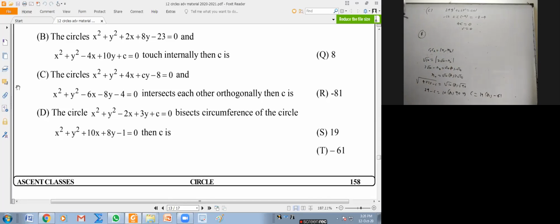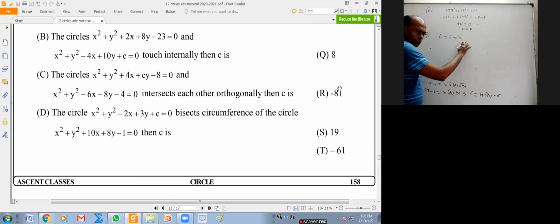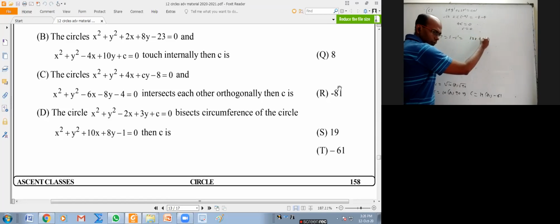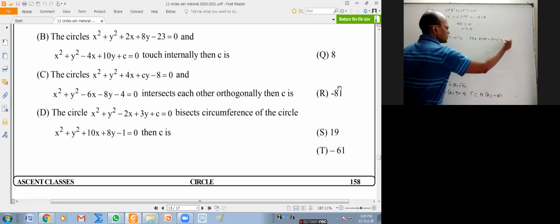The circle bisects the circumference. You know, bisecting the circumference means you can subtract them, we'll get a common chord that should pass through the center of the circle which is getting bisected. Or you can use C1C2 square equal to R1 square minus R2 square also. So L, which is S minus S dash, will come 12x plus 11y minus 1 minus c equal to 0.